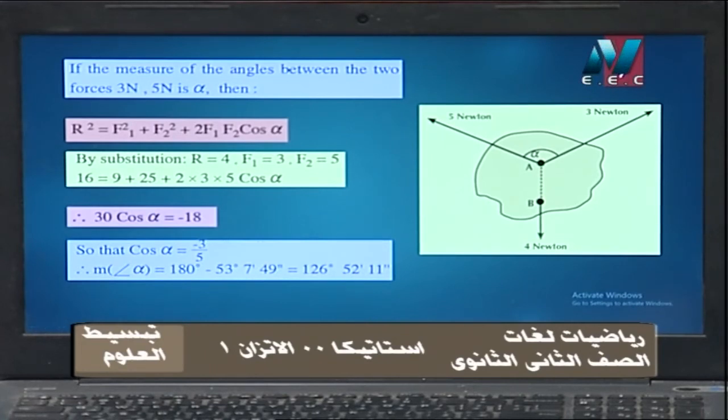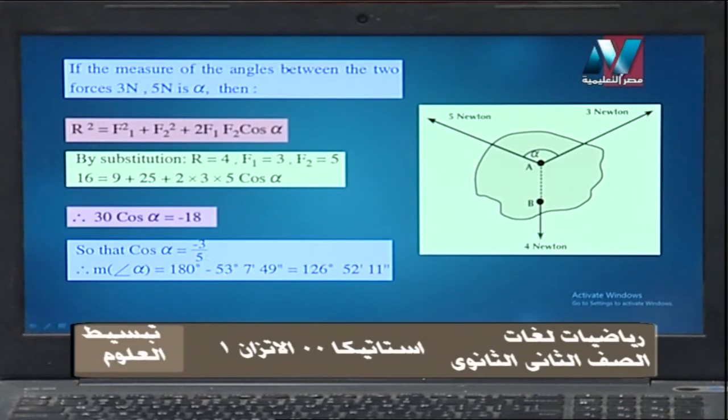So the measure of angle alpha equals 180 minus 53.749, which is 126 degrees, 52 minutes and 11 seconds. You have to use your calculator. You press the buttons shift cosine 3 over 5 as a positive, not negative.